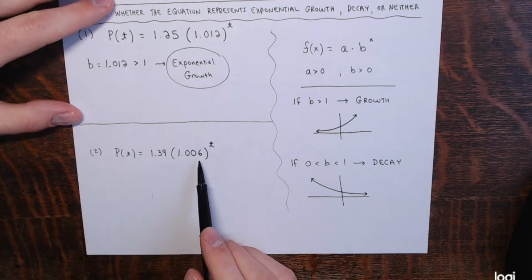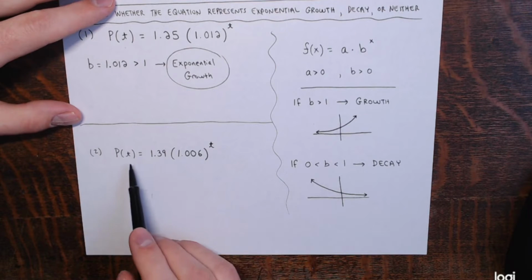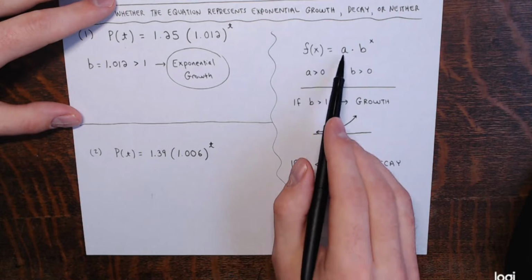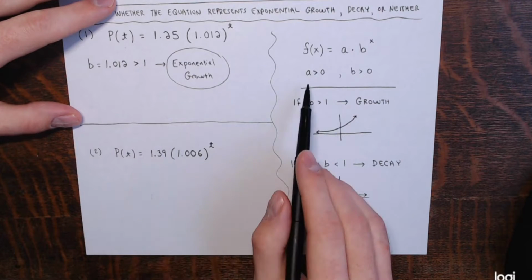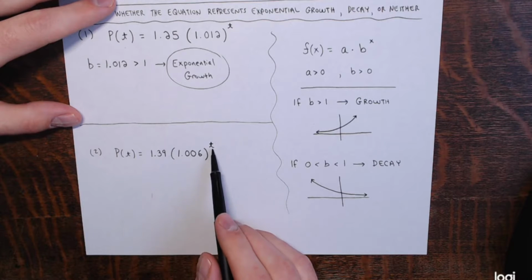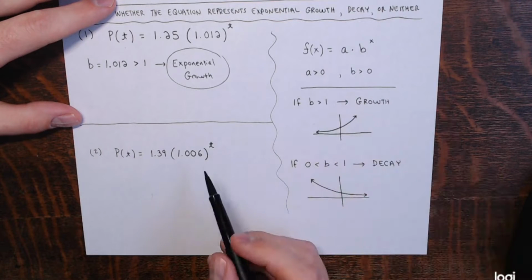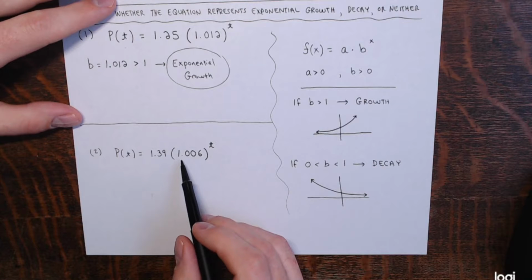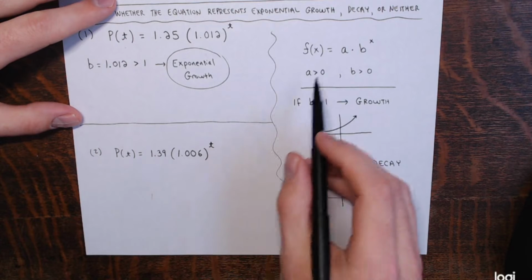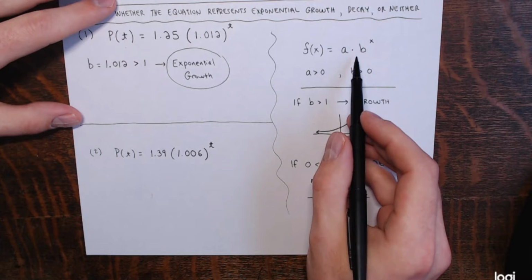It's got pretty much the same look. P of t equals some initial value, this is the value of a, 1.39, it's a positive number, great. And then times b to the t instead of b to the x, but no big deal, just change x into t. 1.006 to the t power. So this does have that form, it is an exponential function.